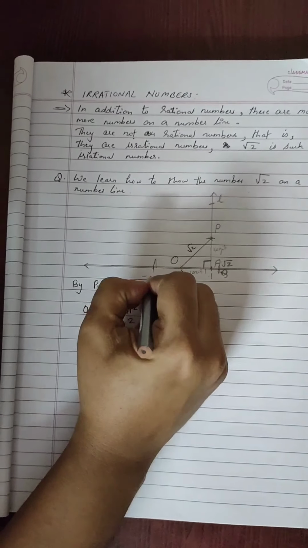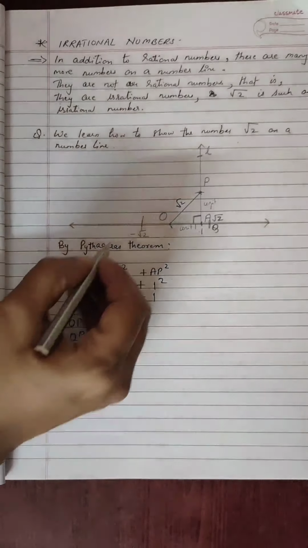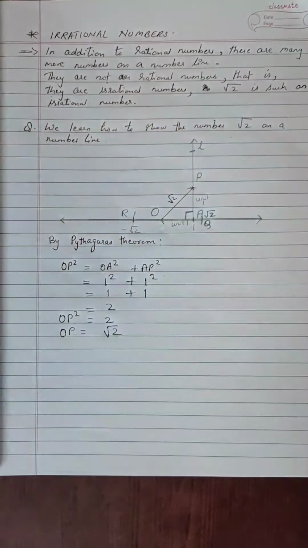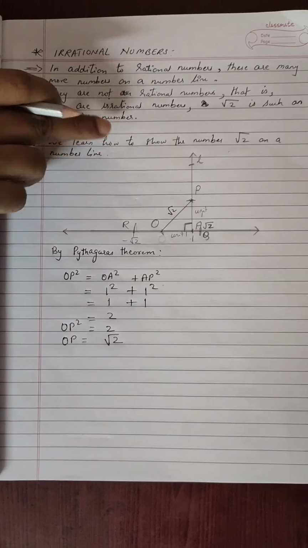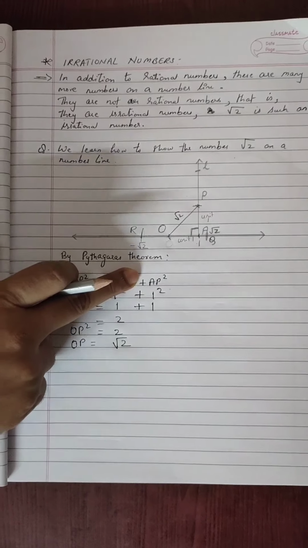So that is minus root 2. Then we will mention it as point R. So now we have found root 2 on the number line, which is an irrational number.